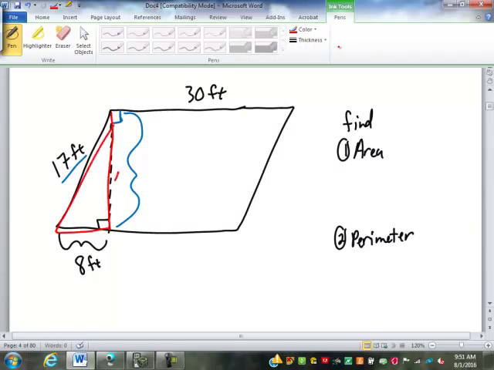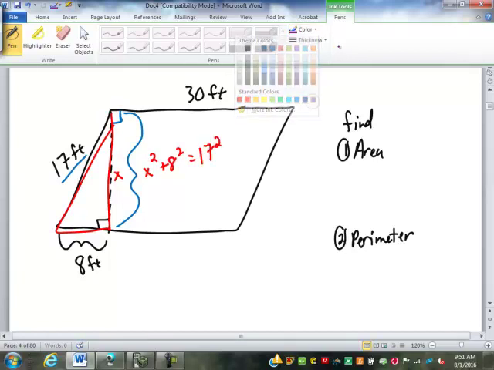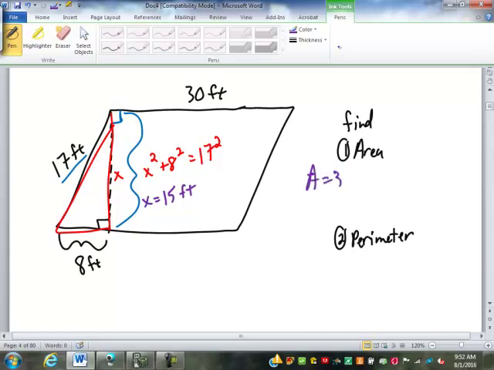If I call this x, it'd be x squared plus 8 squared equals 17 squared, which will solve out to x equals 15. So our area is 30 feet times 15 feet, or 450 feet squared.